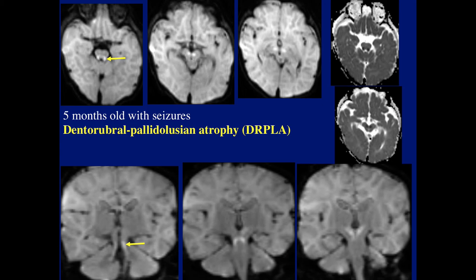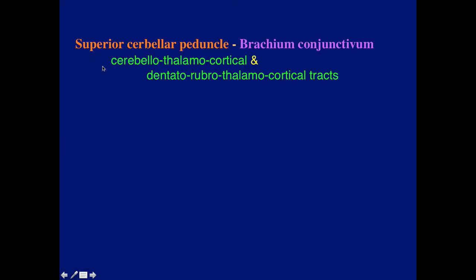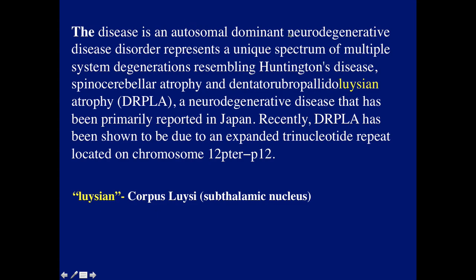Here's an unusual case given to me, of course, by Ajay, of a condition called dentato-rubral-pallidoluysian atrophy, or DRPLA, involving the superior cerebellar peduncle. It's a complex genetic disorder that resembles Huntington's disease, spinocerebellar atrophy, and all kinds of other conditions.